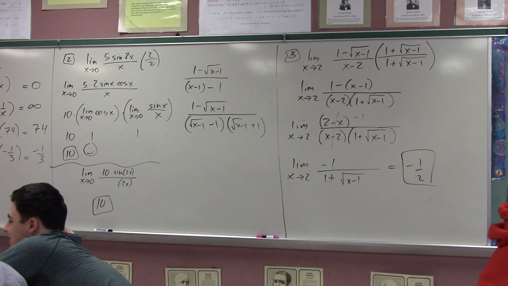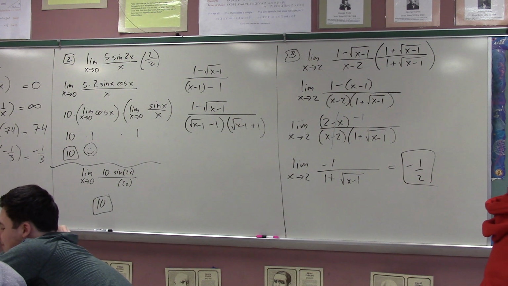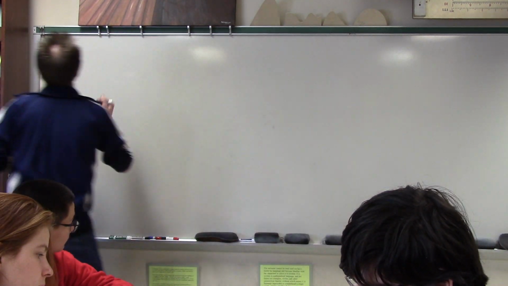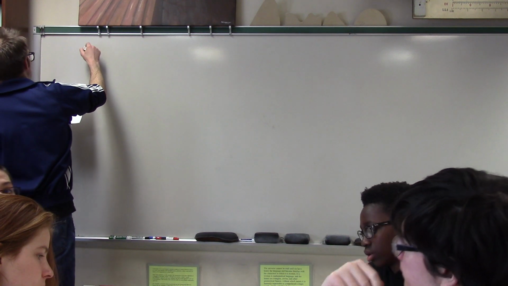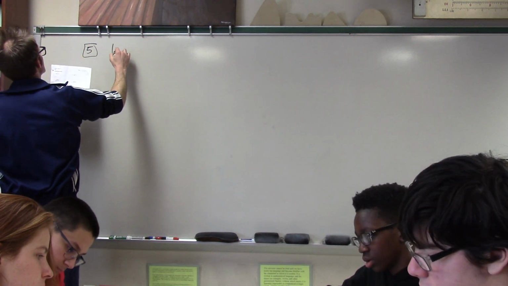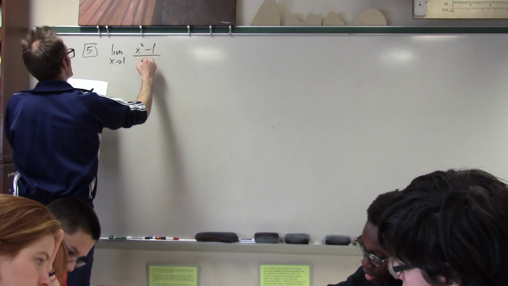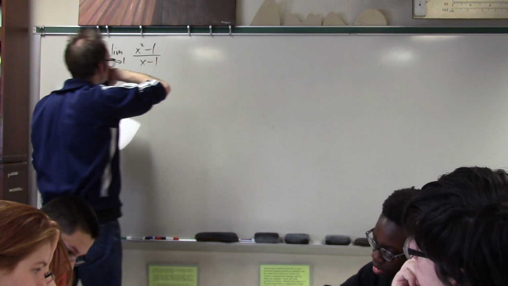Okay, so number 4 we have root x plus 6 plus 2. Okay, I know how to do that. We have 10 full minutes. From here, we cannot plug in. Okay, let's get rid of these.